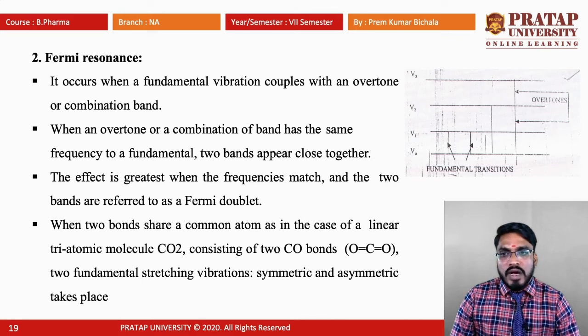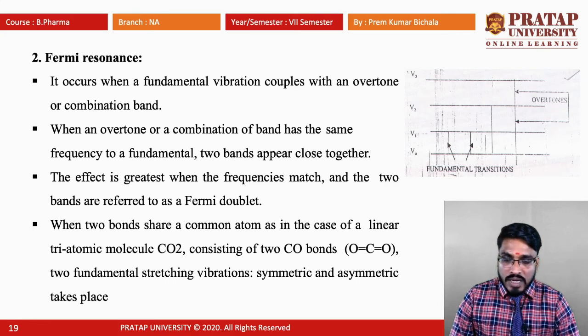When an overtone or a combination band has the same frequency as a fundamental, two bands appear close together, and the effect is greatest when the frequencies match. The two bands are referred to as a Fermi doublet.